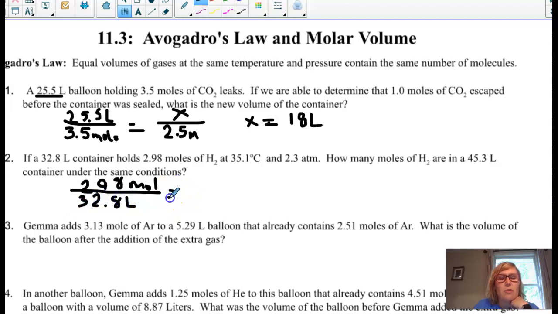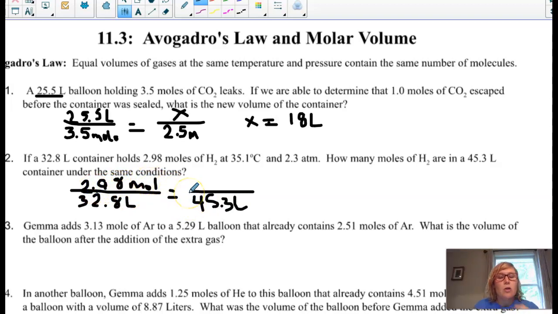Is equal to, well, the conditions are the same, except my volume got larger. So if my volume got larger, 45.3 liters, what should you suspect will happen with your moles? Well, they should go up.